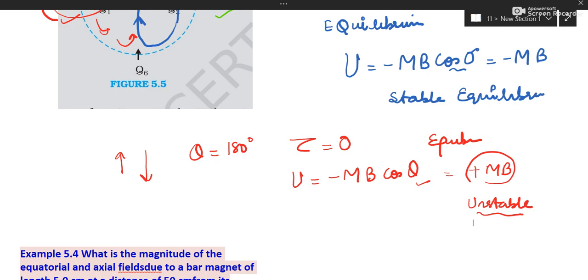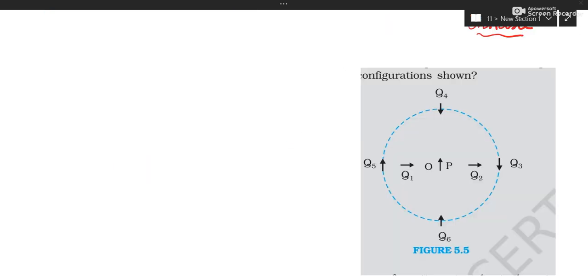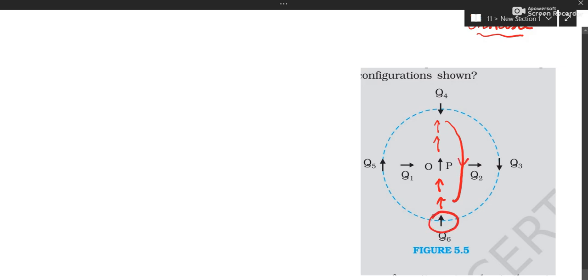Okay, now coming to Q6. So now let us talk about Q6. Let me draw it once again. It is going like this, right? And it is coming like this. So this is Q6's magnetic moment, and this is the field.